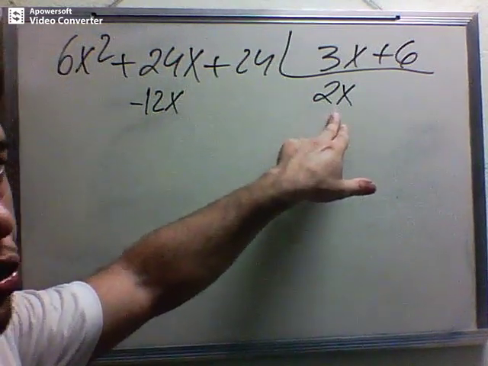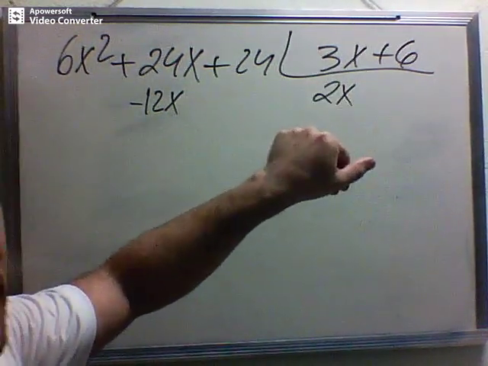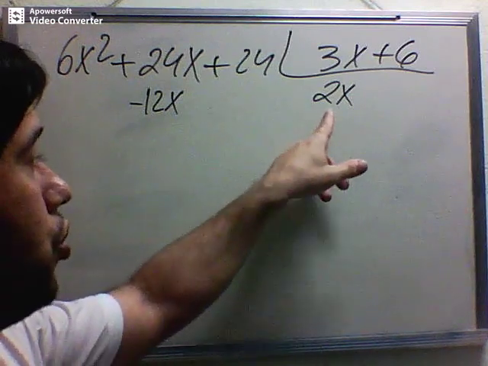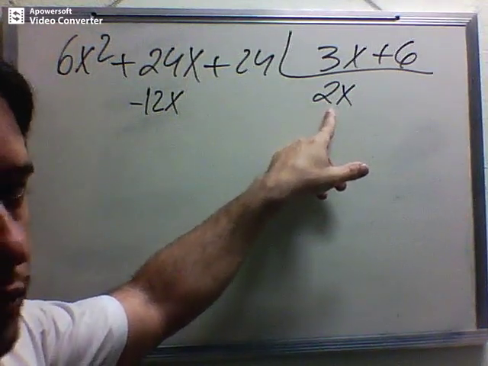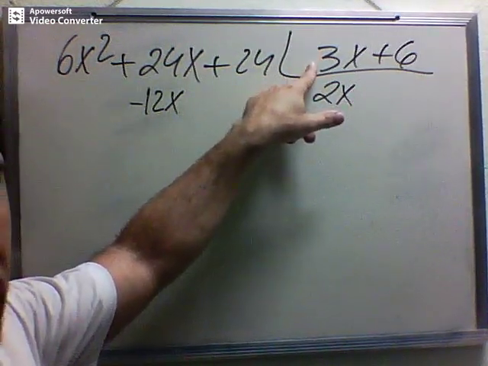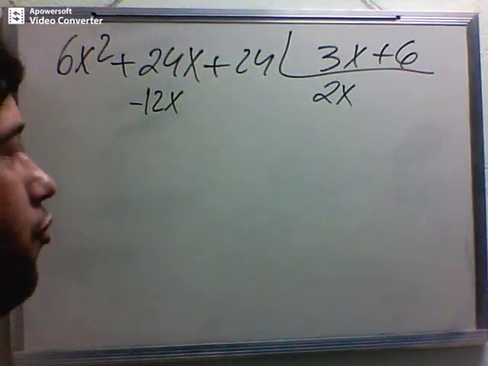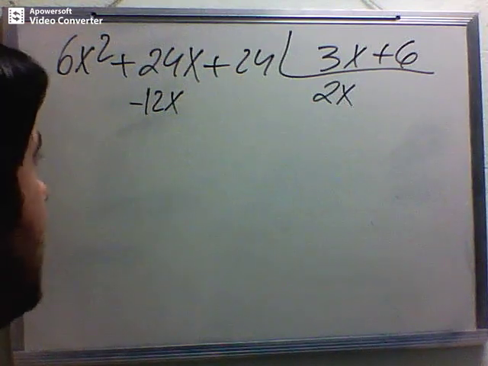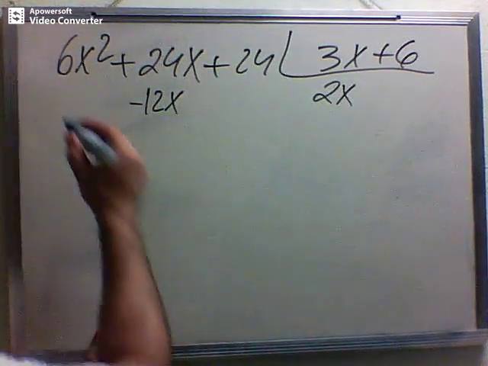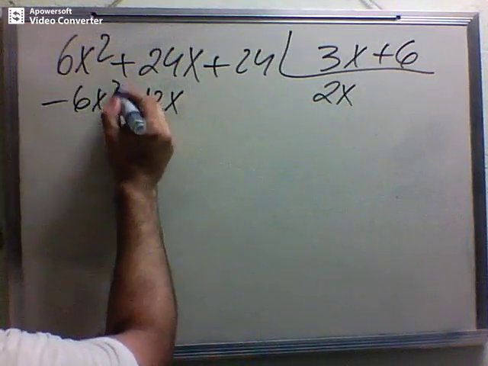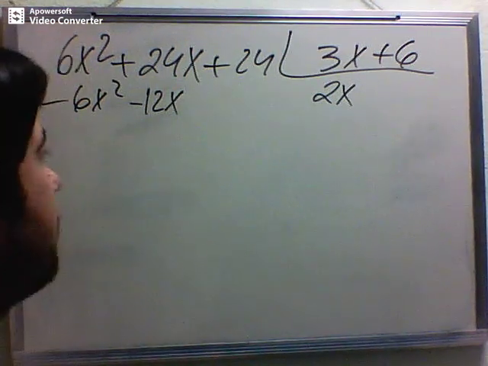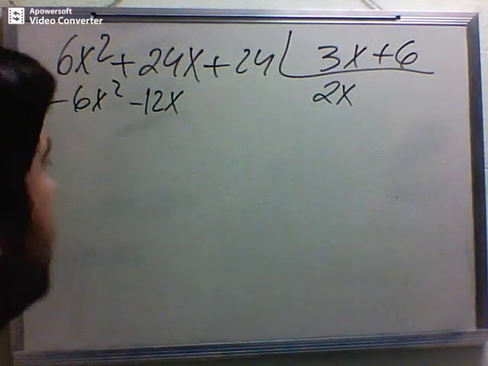And what we do to the multiplication here is the same. 2 times x times 3 times x is going to be 6x squared. If we pass it to the other side, it becomes negative 6x squared. Okay, so this is how we divide polynomials.